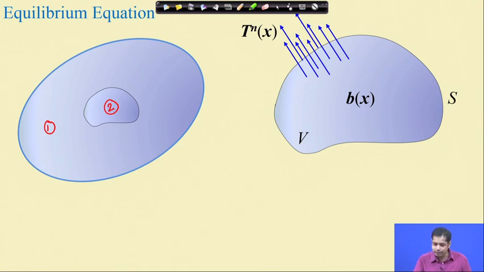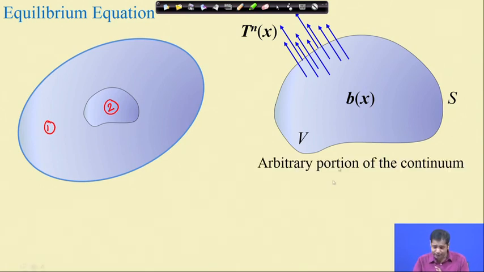But for clarity, it is not shown over the entire surface; it is just a representative traction shown on the surface. So, this is essentially the free body diagram of an arbitrary portion of the continuum.